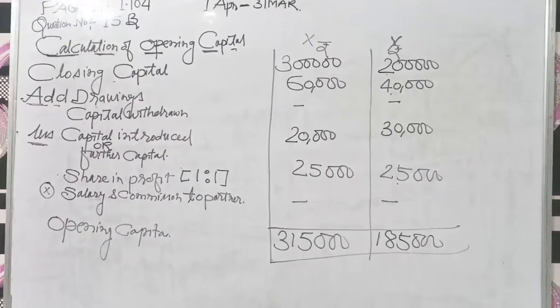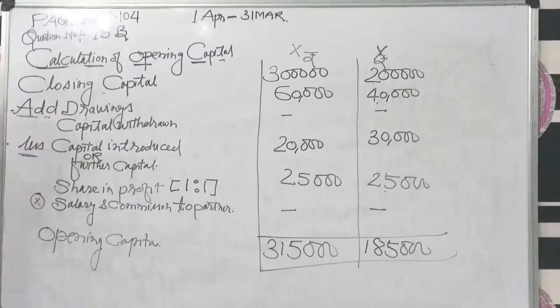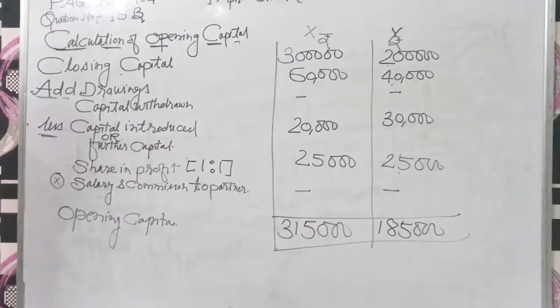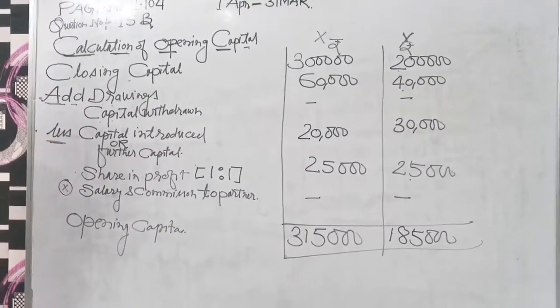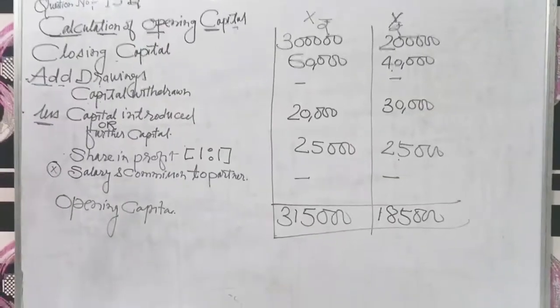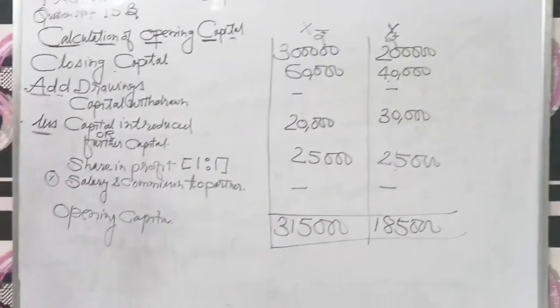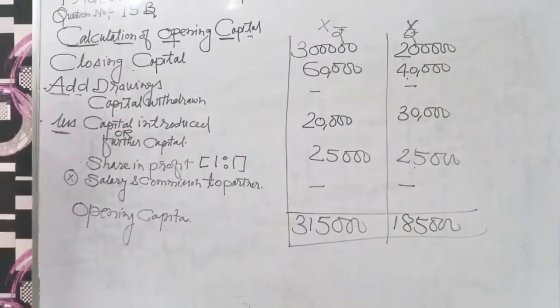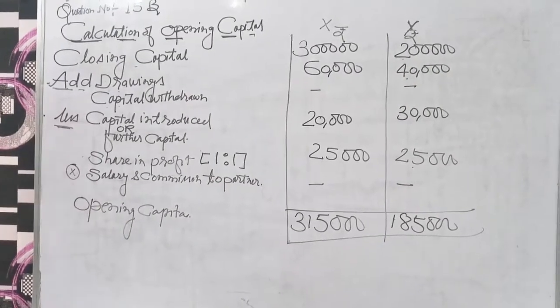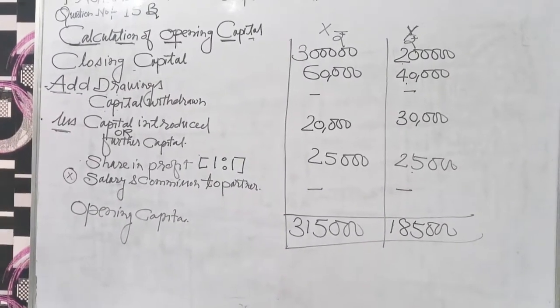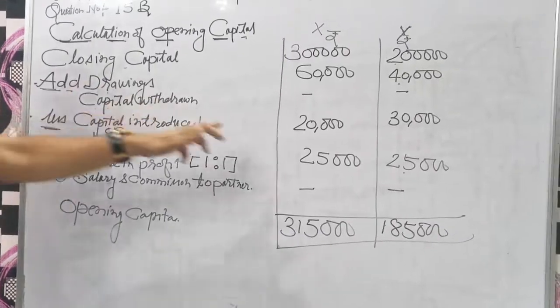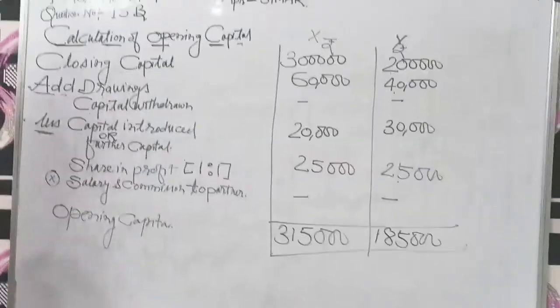Students, whenever we calculate the opening capital, initially for the purpose of calculating interest on capital, in this particular format, to avoid unnecessary confusion, we can mark the dates. X introduced 20,000 on which date?